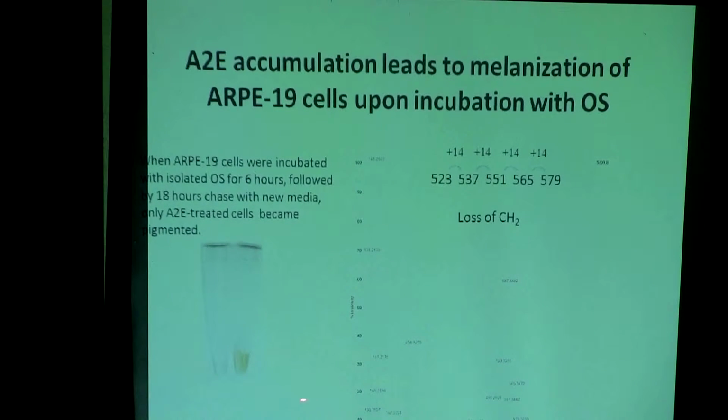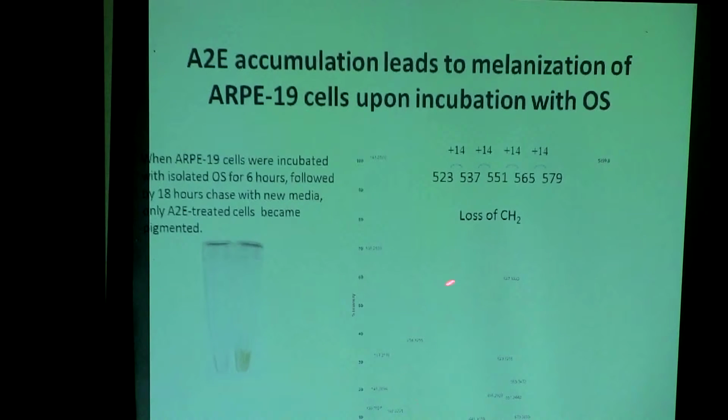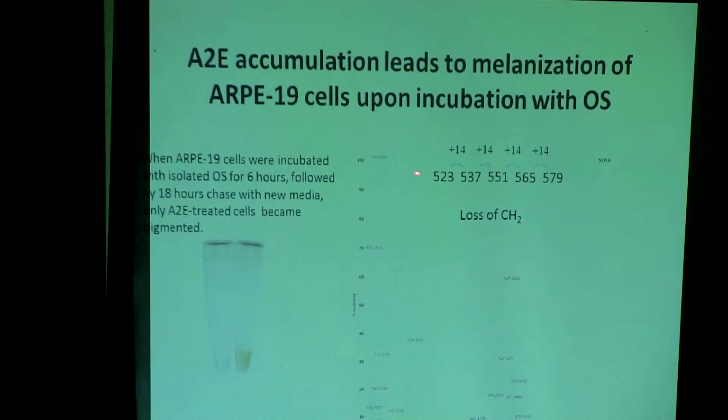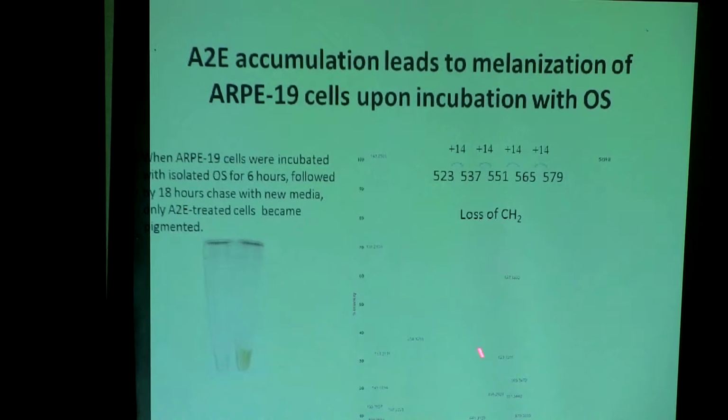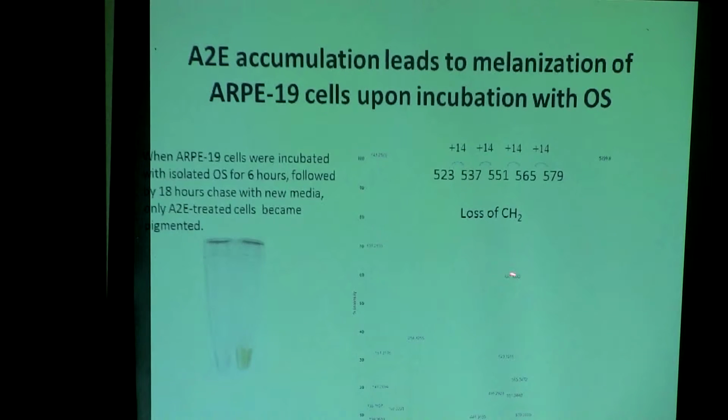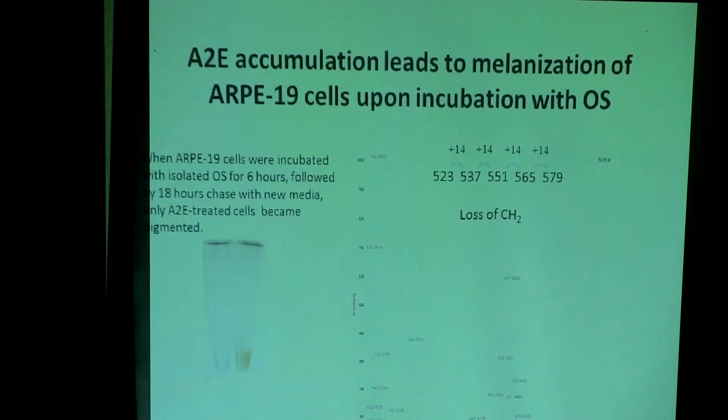You can see it just visually, and on mass spec you can see the spectrum really well. It has peaks, whose masses I show here, and you have this plus 14 series. When melanin degrades, you have loss of CH2, so it normally shows this 14 series.